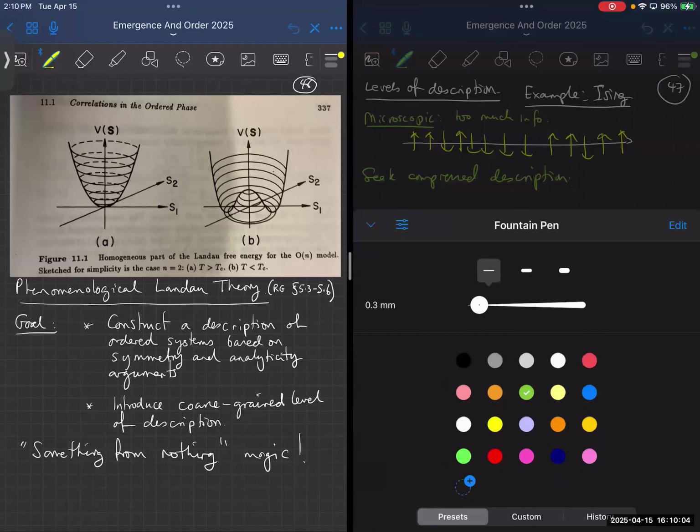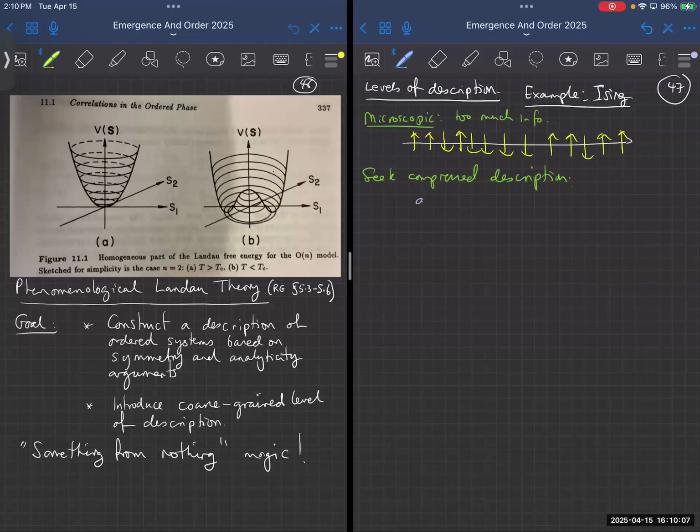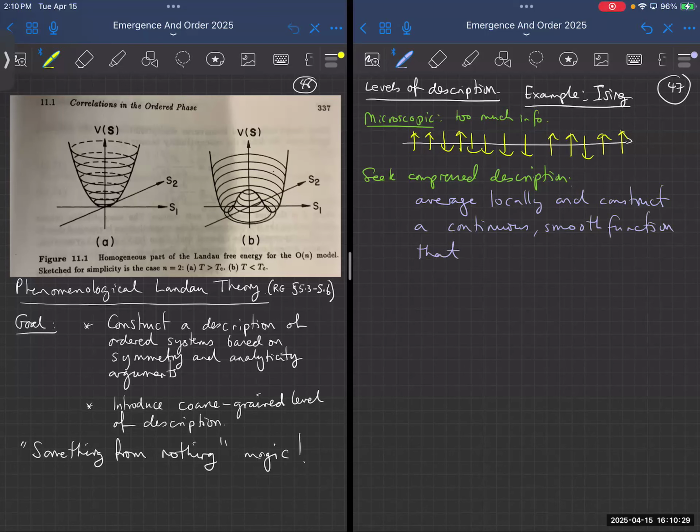And so what we might say is, well, why don't we average locally and construct a smooth continuous function that describes the local average order parameter. And we know that the order parameter in this particular case is just the magnetization.